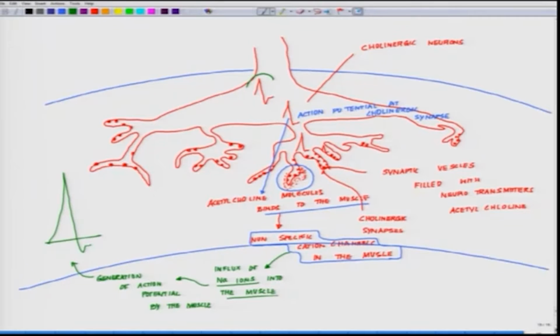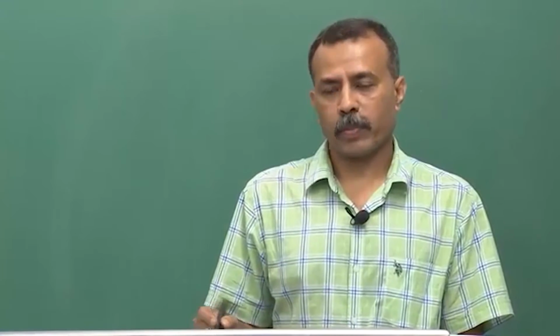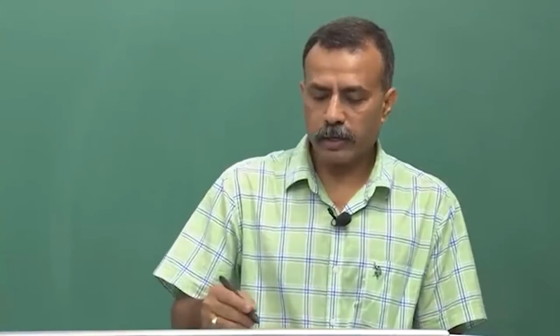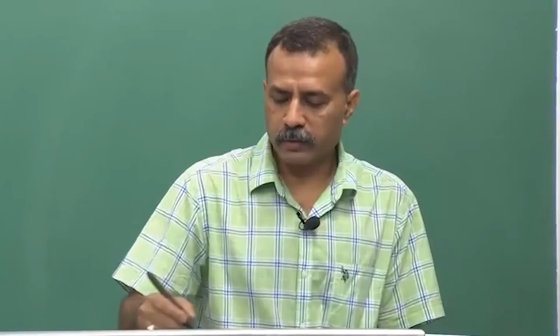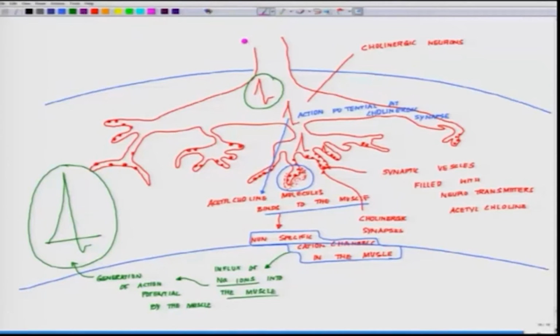So there is an action potential which is coming from the neuron, and there is an action potential which is generated by the muscle, and there is a role to how that action potential is transmitted. On the muscle, there is an electrical activity which is spreading out.